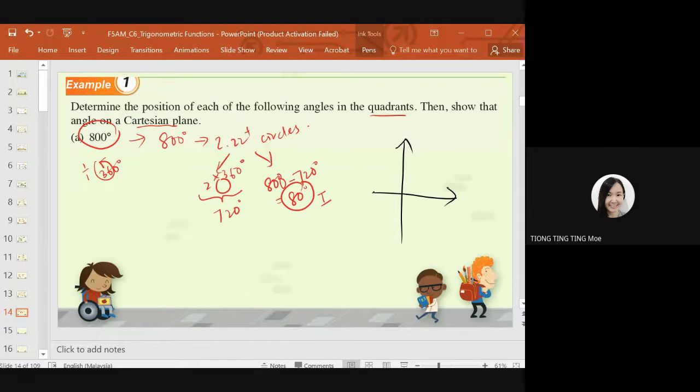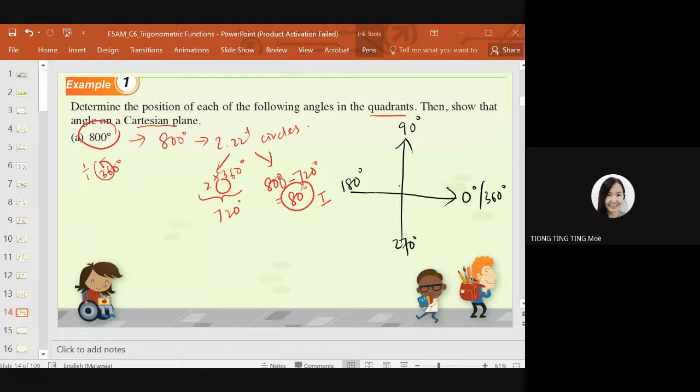You have to draw 0, 90, 180, 270, and back to 360. 90 is positive, so you don't have to put the negative sign. Then we start drawing a spiral, starting from the x-axis.